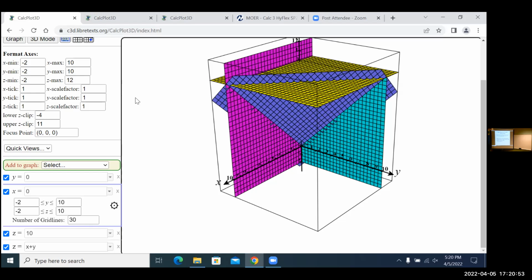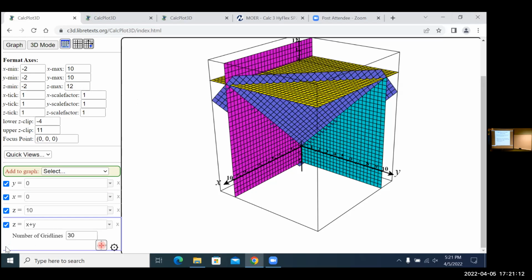If we look at the way the limits were given, we were given z equals x plus y and z equals 10. Well, z equals x plus y is the only slanted plane in here. It's this blue one, and z equals 10 is this yellow plane. If we're not sure, turn it off, turn it on. Notice how the slanted plane makes the bottom of our region, and the yellow makes the top. That makes those excellent candidates for the inside limits.